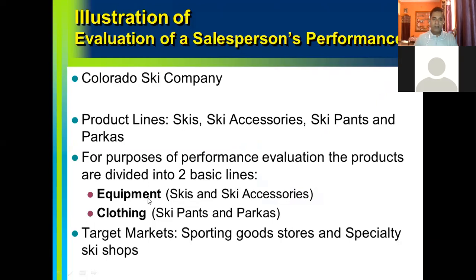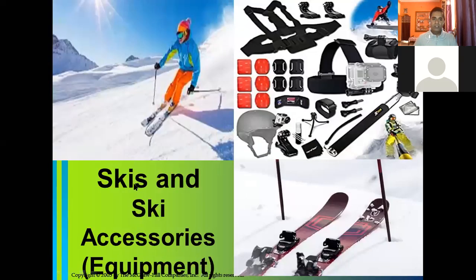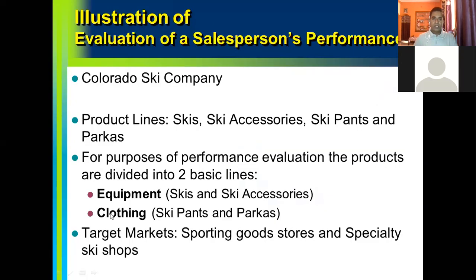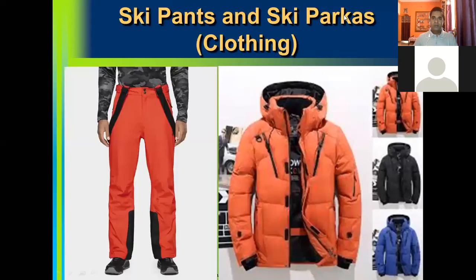One, equipment, which is skis and ski accessories. The second product line is clothing: ski pants and ski parkas are considered as clothing.